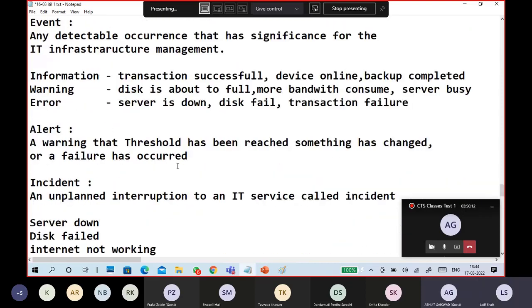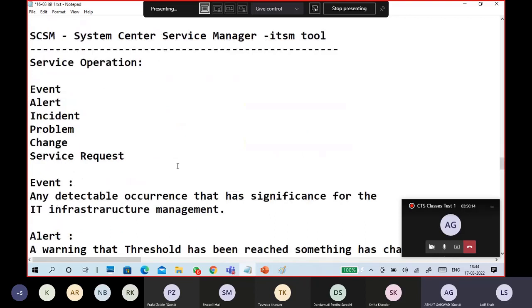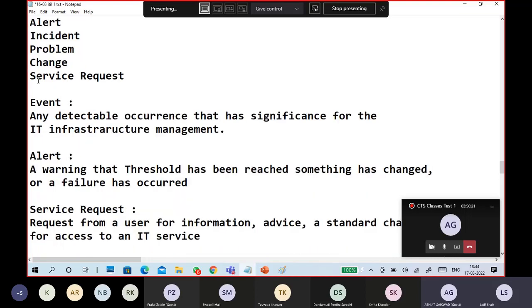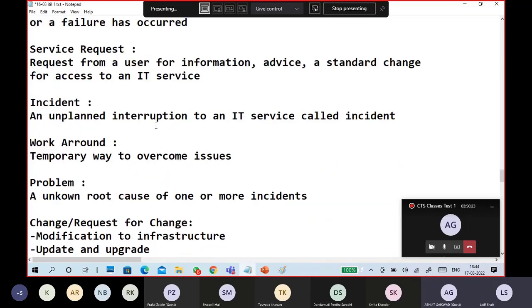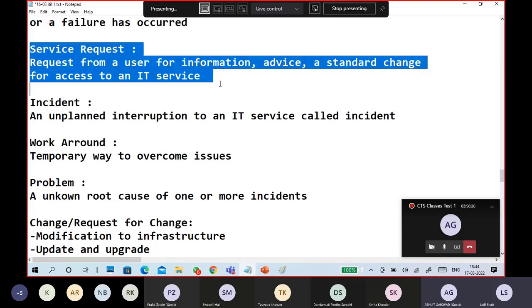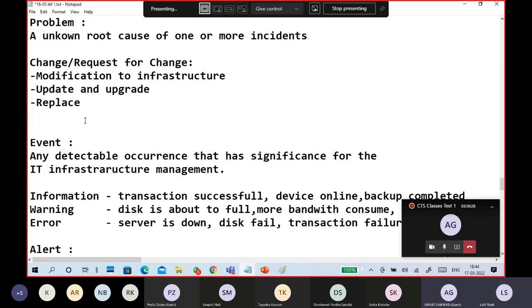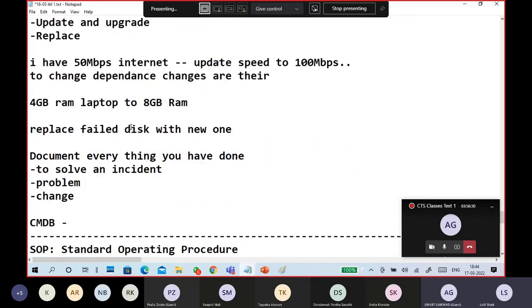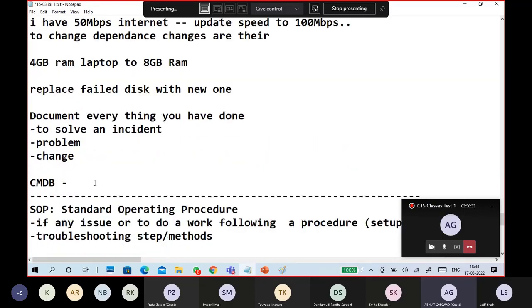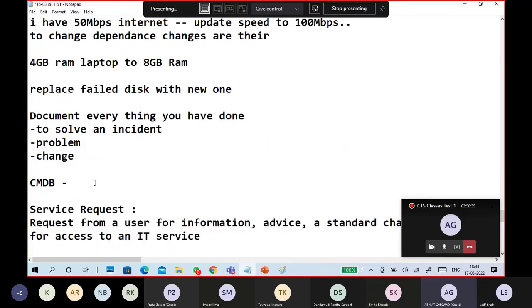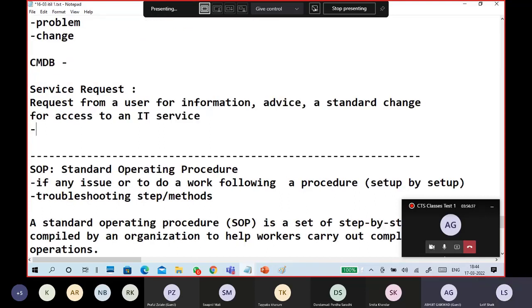Okay, so these are the important parts of your service operations. Okay, event, alert, incident, problem, change, service request. Why is my service request gone? Yeah, service request is asking for information. Service request is, okay, you can ask for information, advice, or change request, kind of stuff, access permissions.